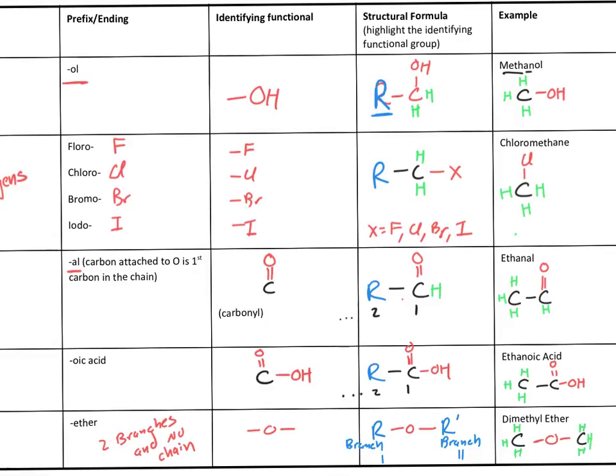Which would look something like that. Note there's no chain, so it's a dimethyl ether. You need to put the branches in alphabetical order, so if you have 2 different types of branches, it could be a methyl propyl ether, or a butyl ethyl ether, or an ethyl methyl ether. So you have to be aware of what it's actually asking you to draw.